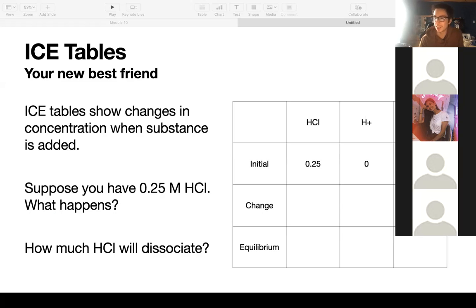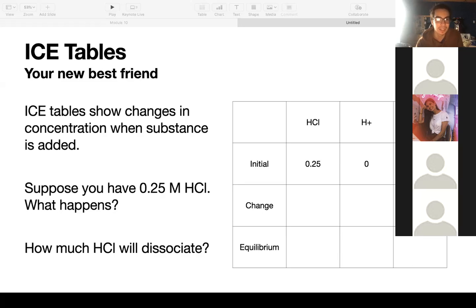So what do you think the change is going to be for HCl? What do you guys think? So it's going to be negative 0.25. And we know this because we have a strong acid, so it's going to dissociate completely.